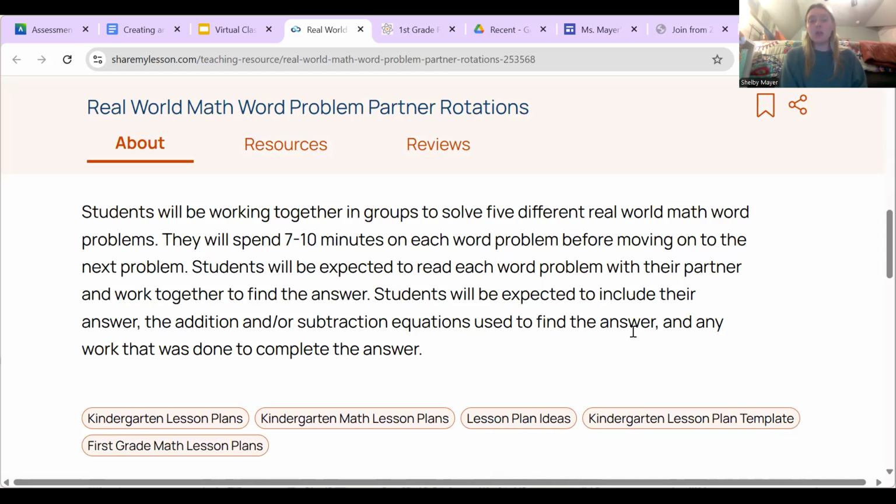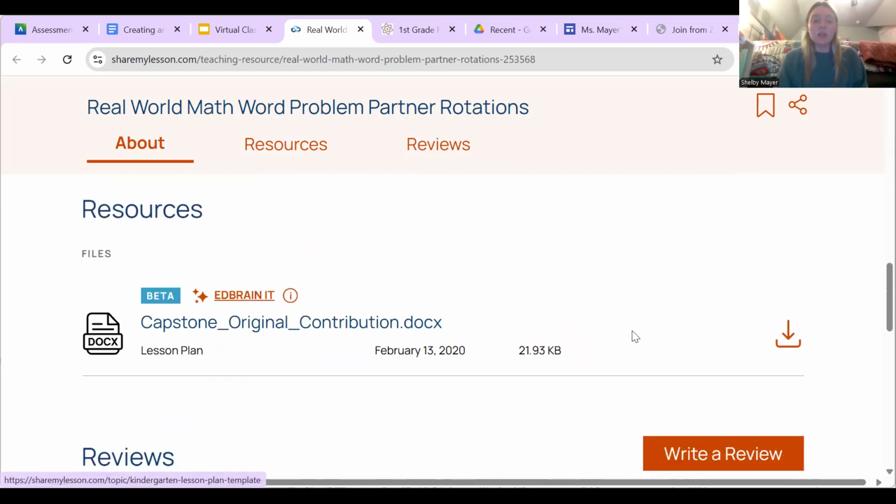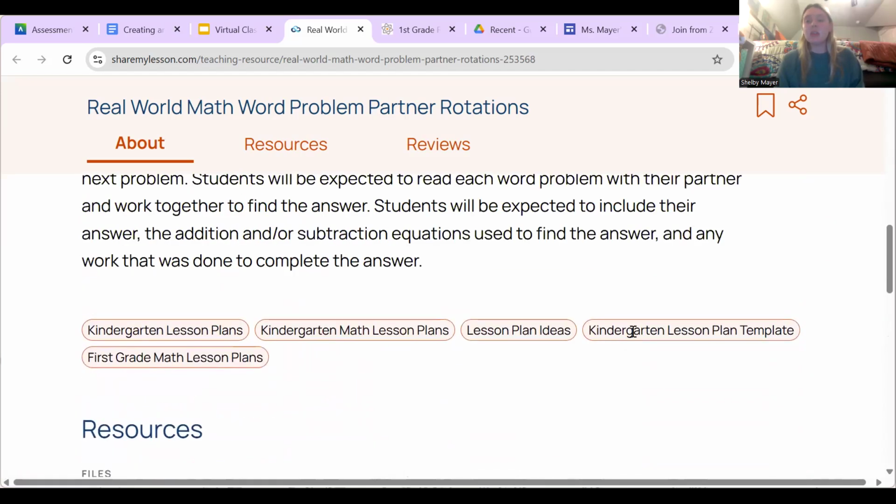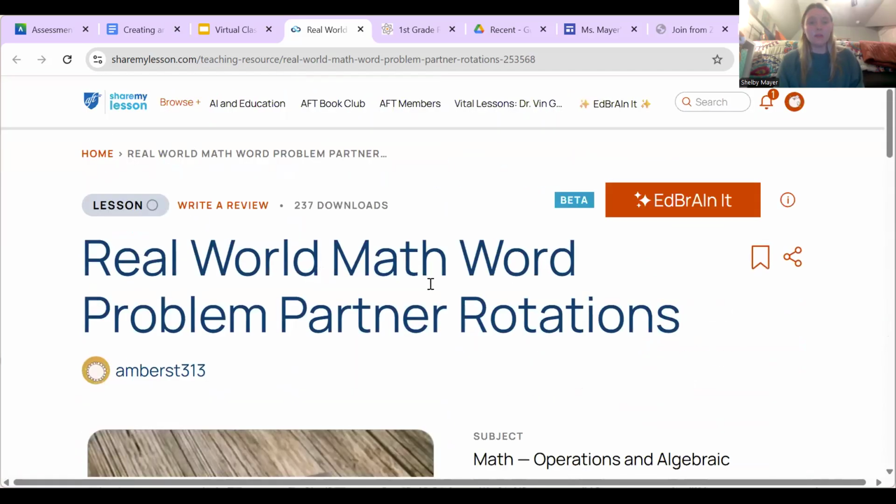You'll be expected to include your answer in the addition and subtraction equation used to find the answer and any work that was done to complete the answer. I just thought that was cool, and it also shares the resources that they used in the different reviews.